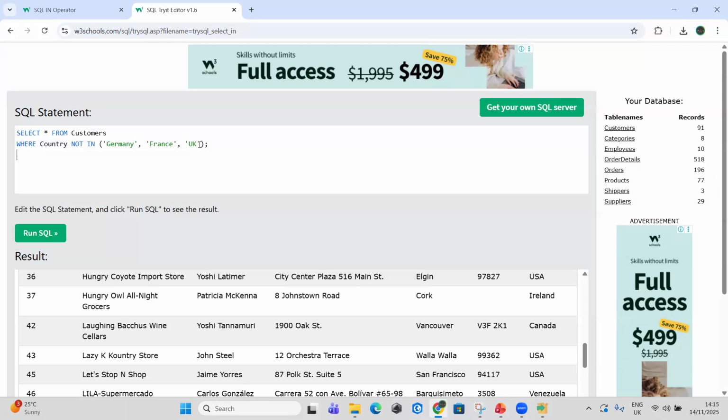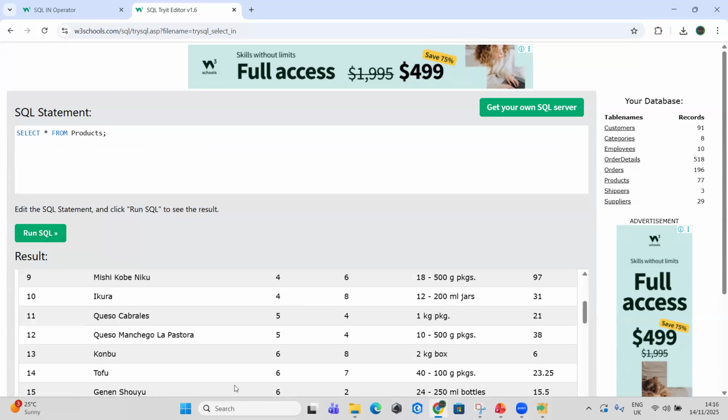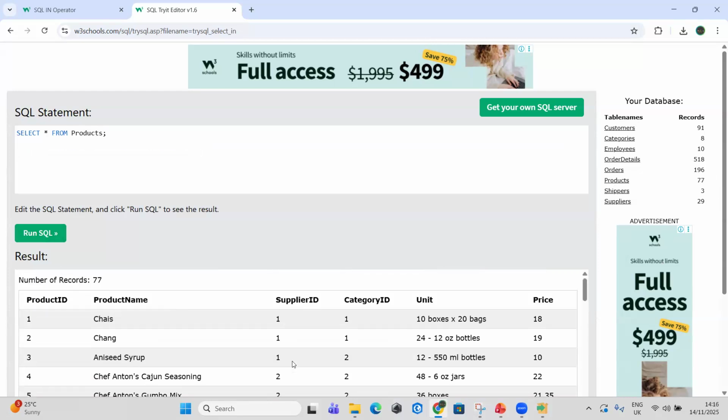In their database they have employees, products, shippers, suppliers. So you could just select star from products, and it will show you the table here. So it is kind of their database.